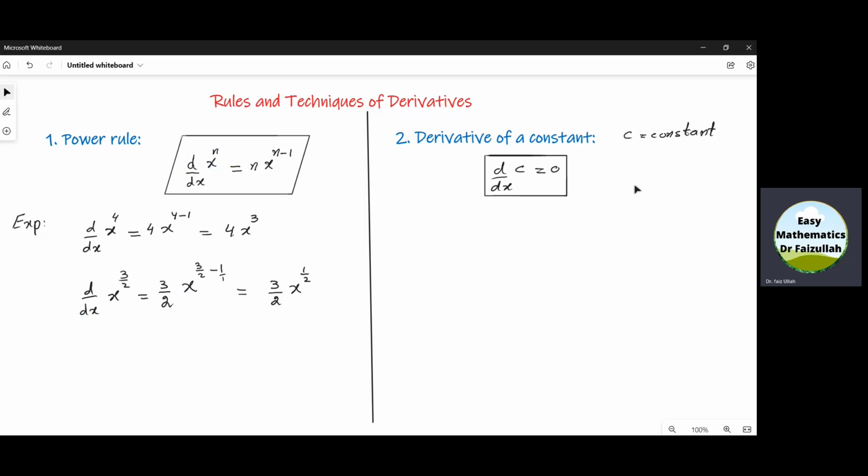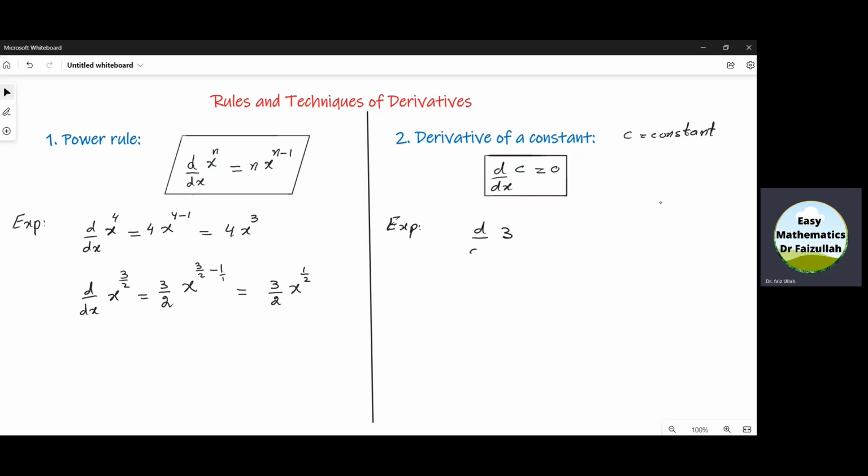Derivative of a constant. Let us say c is any constant. Then we shall remember that the derivative of a constant is 0, because there will be no changes in a constant. Let us explain it by an example. We have a constant, let us say 3.